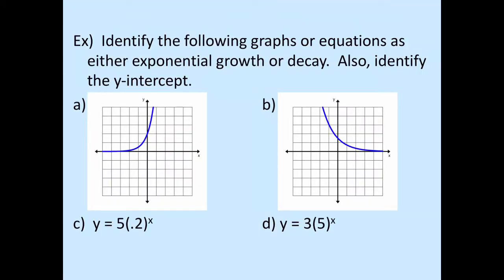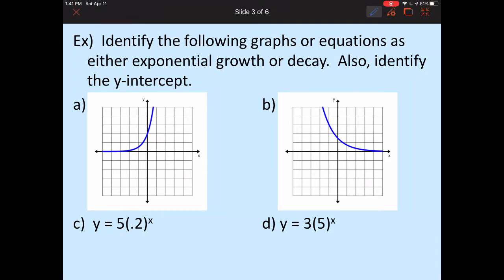So identify the following graphs and equations as either exponential growth or decay. Also identify the y-intercept. Now the y-intercept is, as we remember, the initial value, or the a. So here we go. This one here is growth because it's going up.